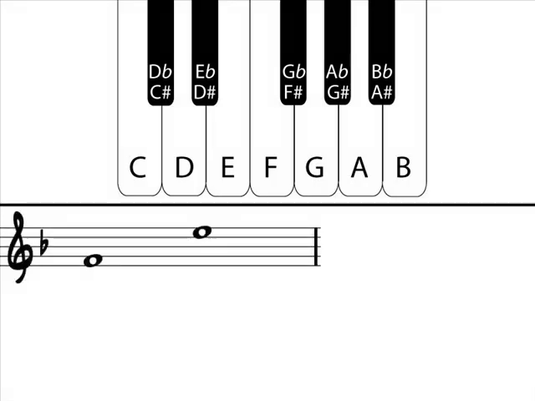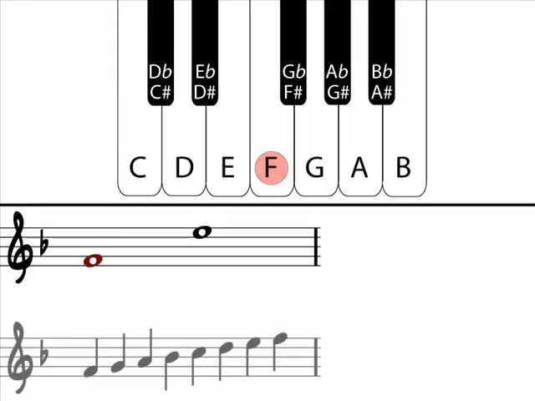Okay, let's try another example. This time F is at the bottom and there is 1 flat in the key signature. We therefore need to start thinking in F major. We know that we're in F major, so let's draw a scale of F major. Now, remembering to include the first note in the count, we count up until we get to the higher note of the interval, the E. So here goes.